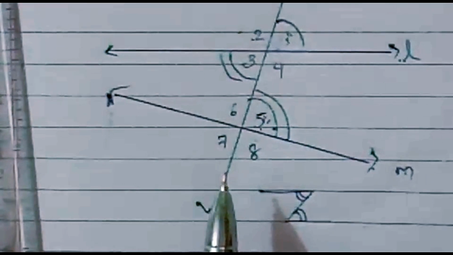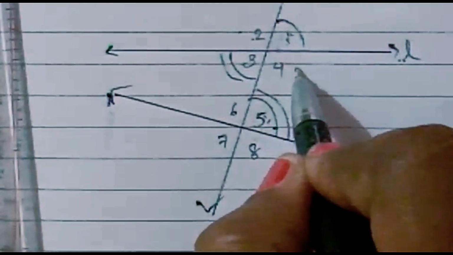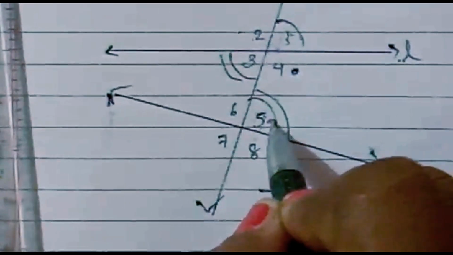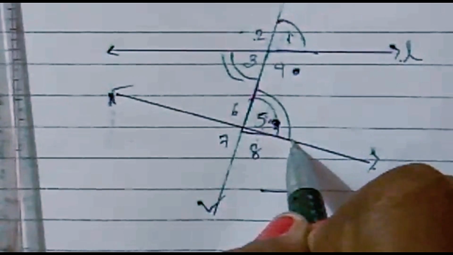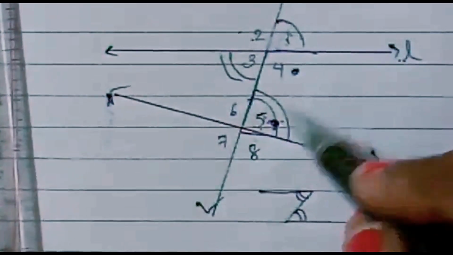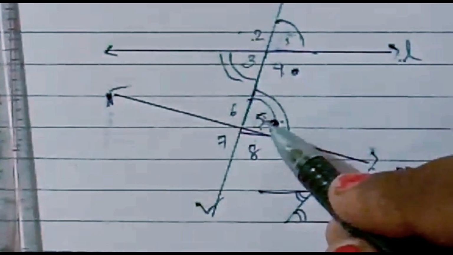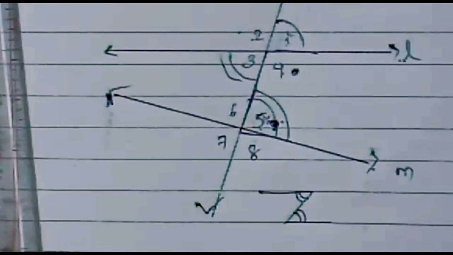And the last one is interior angles on the same side of the transversal. This angle 4 and this angle 5, you can see they are both on the left side or the right side, one particular side of the transversal. So we can say they are an interior pair of angles on the same side of the transversal.